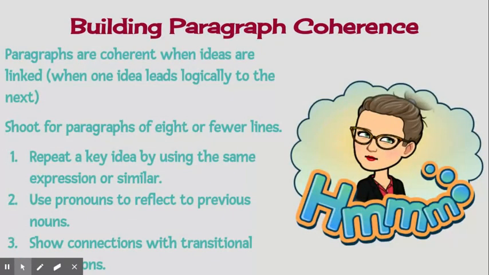Now, at the beginning of this section, I talked a little bit about coherence, where the idea of the word cohere means to stick together. So paragraphs stick together or are coherent when ideas are linked. In other words, when one idea logically leads to another.